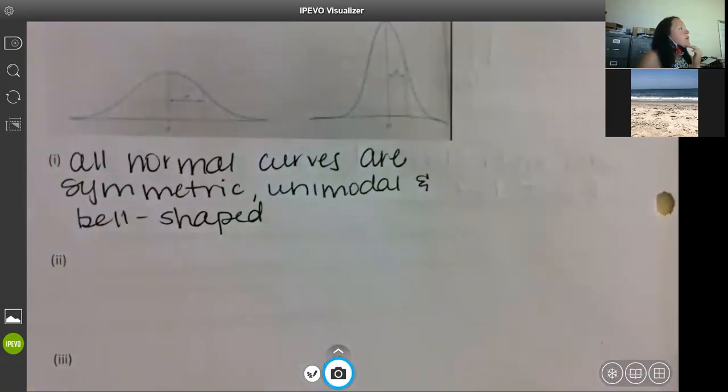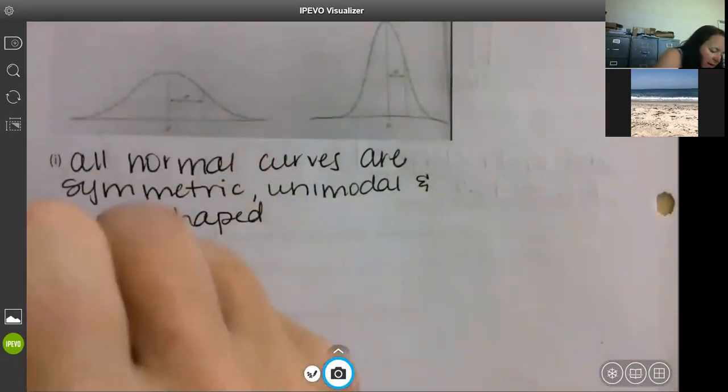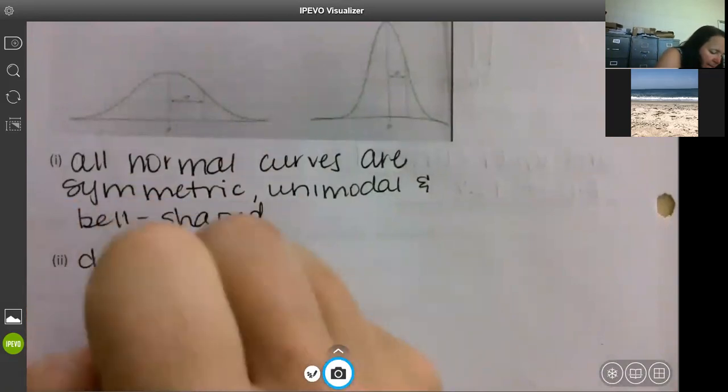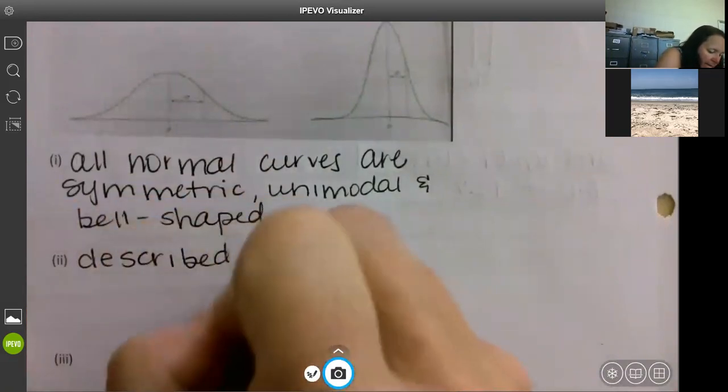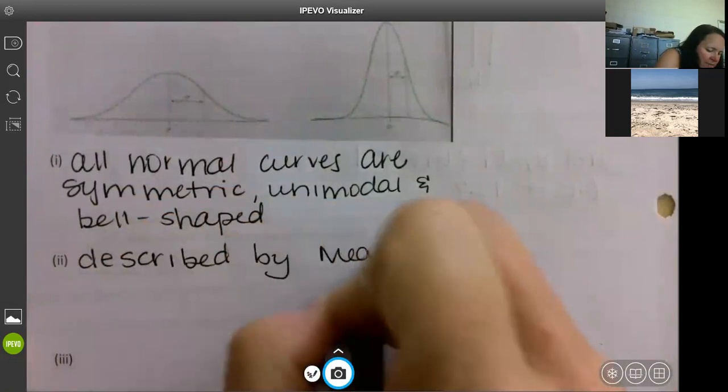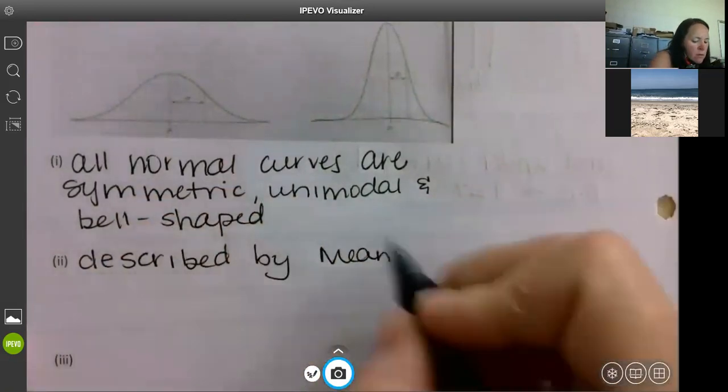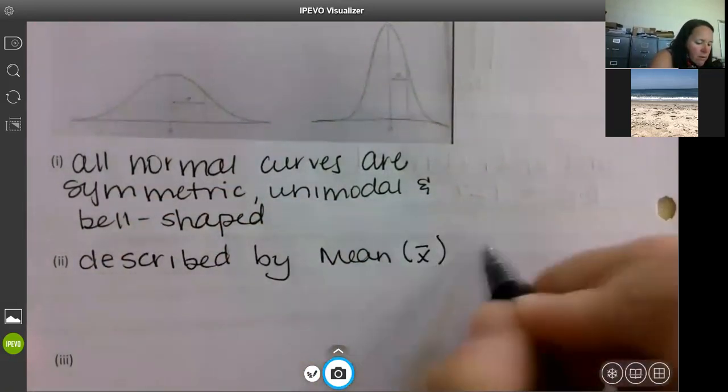What did I tell you we're going to use for center and spread of normal or symmetric curves? Not median, mean and standard deviation. Good. So they are described by mean. And what symbol represents mean? X bar.